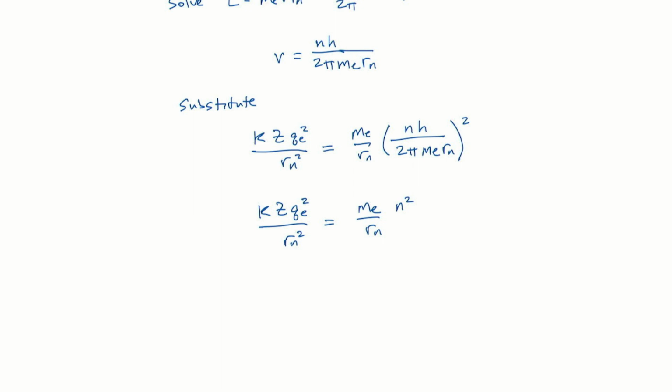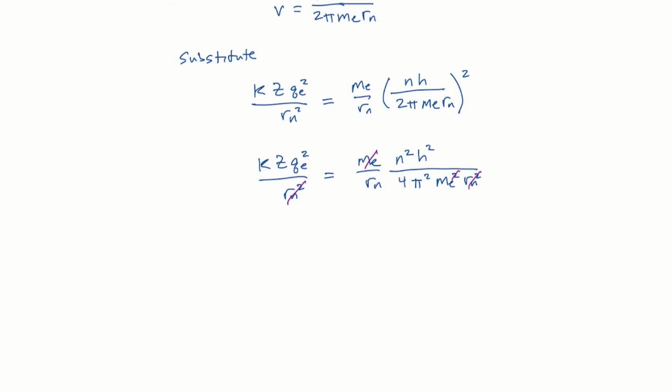Now we have N squared, H squared, 2 squared is 4, then we've got pi squared, M sub E squared, R sub n squared. Okay, we can cancel one of the M sub E's, and we can cancel an R sub n squared.